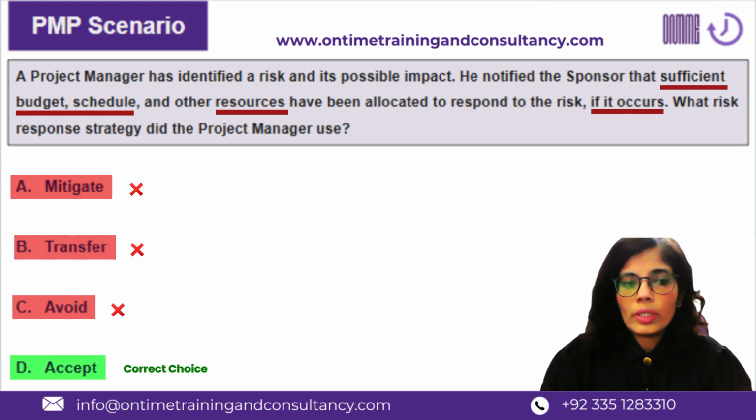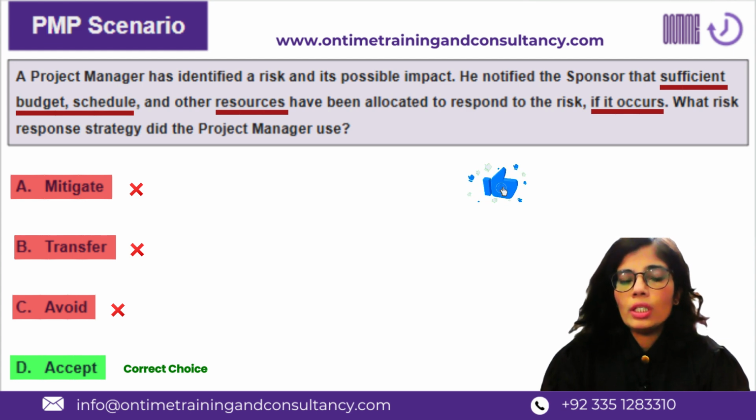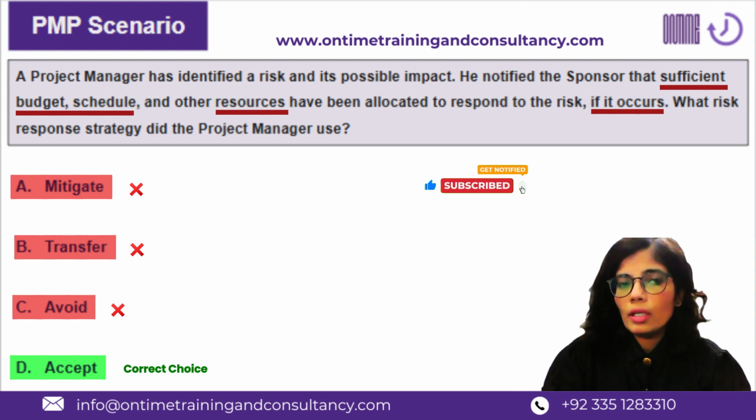Accept is a response strategy which is there in threats and opportunities both. And in both cases, the accept response strategy would work in a reactive manner. So this response strategy would apply to the risks which are dealt with in a laid back, not so proactive manner. You accept the risk, as the name suggests.